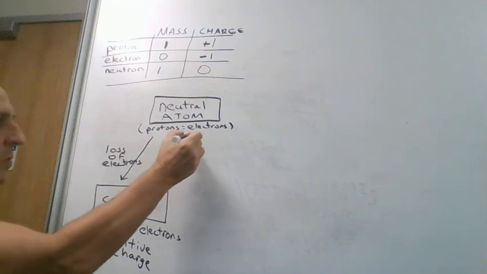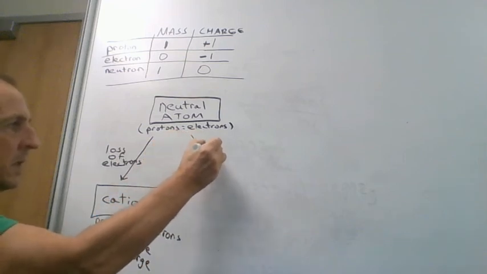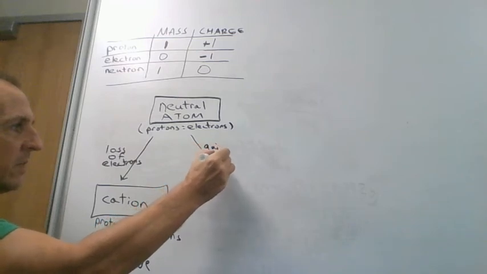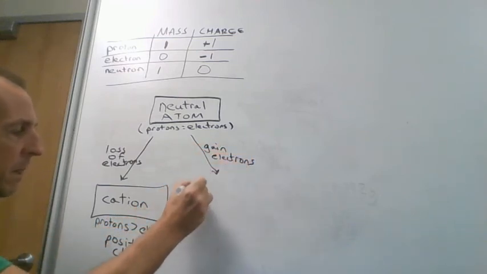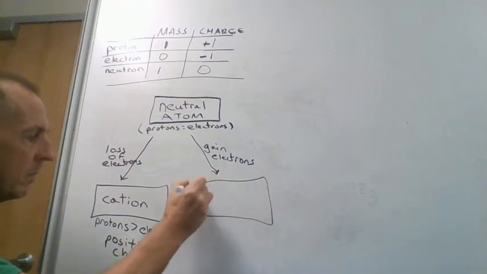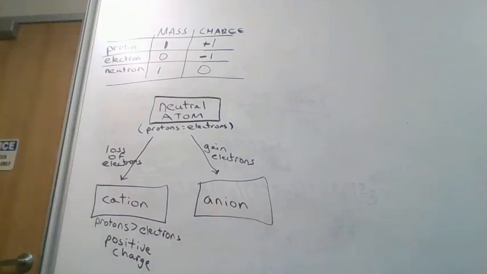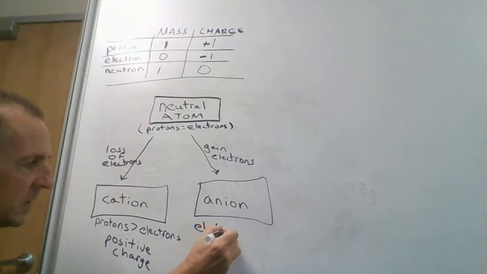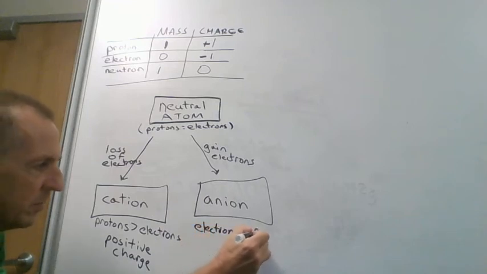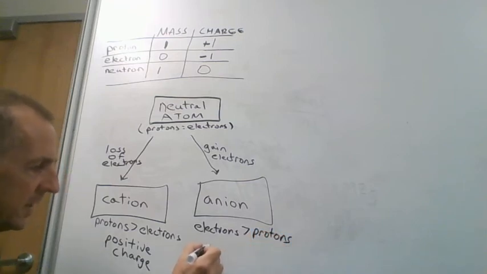If we take this neutral atom and it gains electrons, then we have a different thing. We have what's called an anion. In an anion, the number of electrons is greater than the number of protons, and so you have an overall negative charge.